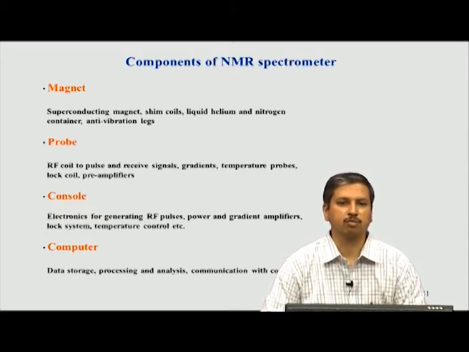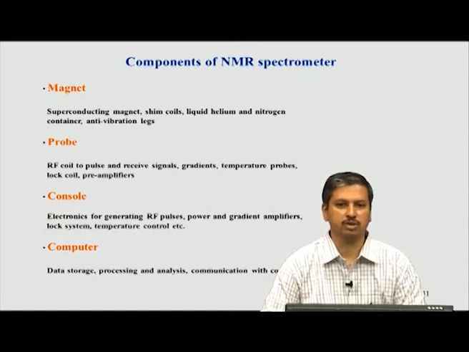The next major component of an NMR spectrometer is the probe. The probe is the part of the system where you apply the RF pulse, receive the signals, and control the temperature and so on. All the control we want to do on the probe and magnet is done by the electronics in what is called the console. The console is a box which contains all the different boards and circuits for generating the RF pulses.